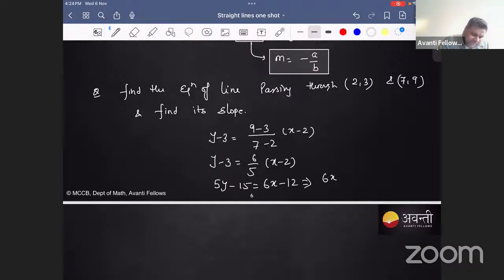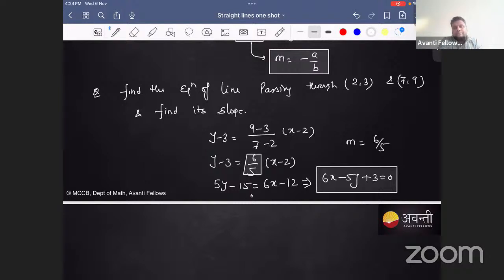So finally line will be 6x minus 5y plus 3 equals 0. Got it? So this is the equation of a line. Slope, if you judge, then this is the slope. So slope is 6 upon 5.